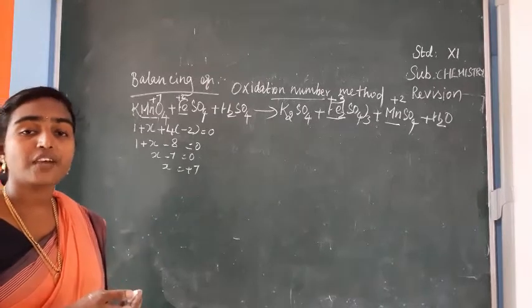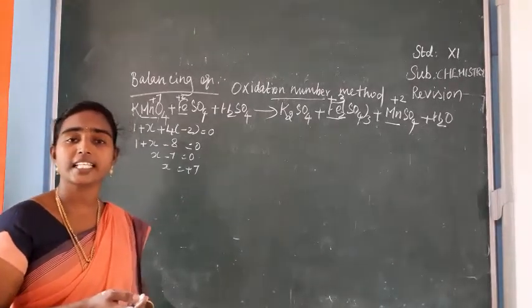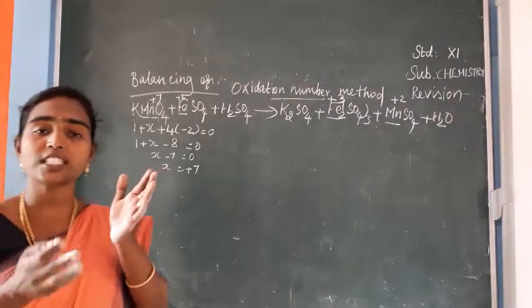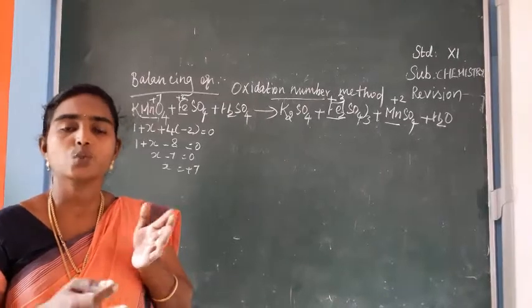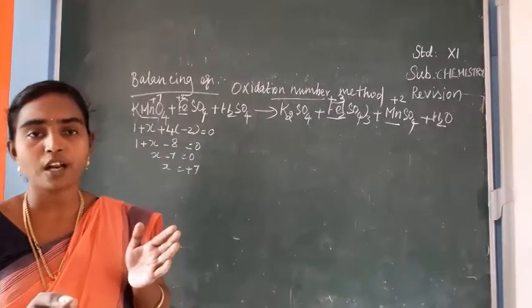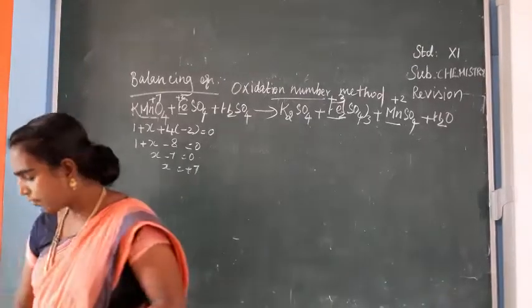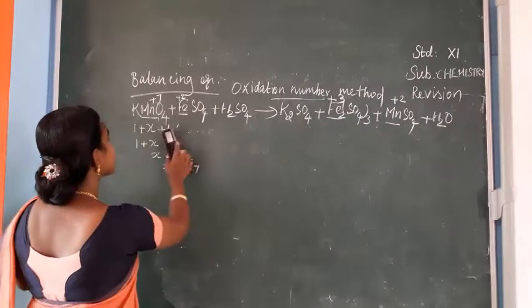Already I have said the definitions for oxidation and reduction, isn't it? So in terms of oxidation number, how can we define oxidation and reduction? If the oxidation number increases, it is an example of an oxidation reaction. If the oxidation number decreases, it is an example of a reduction reaction.